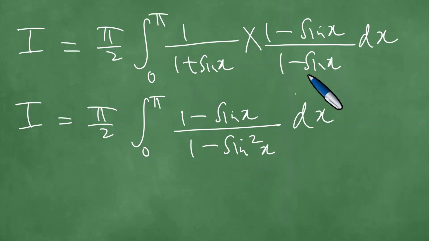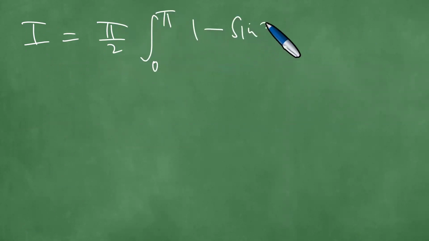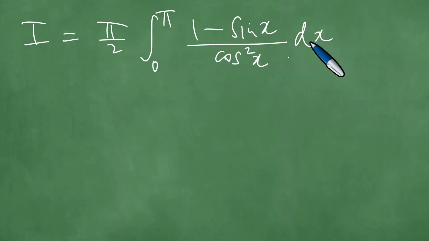The denominator becomes the difference of two squares, 1 minus sine squared x. But 1 minus sine squared is a cosine squared, meaning that I equals pi over 2 times the integral from 0 to pi of 1 minus sine x over cosine squared x dx.